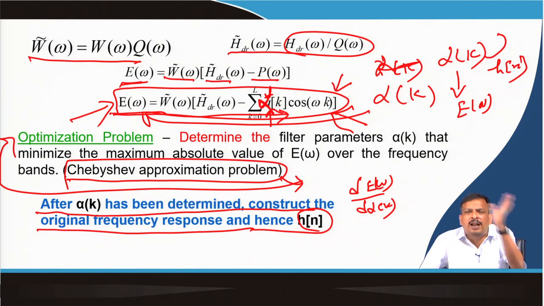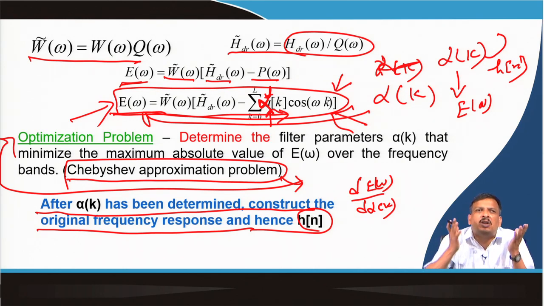Once I do an approximation problem and go close to the desired frequency response, I can say that set of h n is my optimal set of impulse response, which is close to the desired frequency response. So, that is the optimization problem.